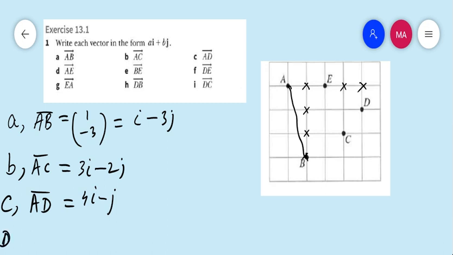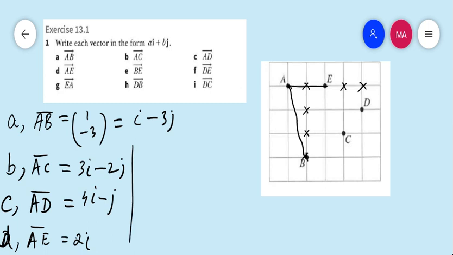Part D is AE. A to E is only an x-axis distance. There is no y distance, only 2 squares from A to E. So the answer is 2i only.